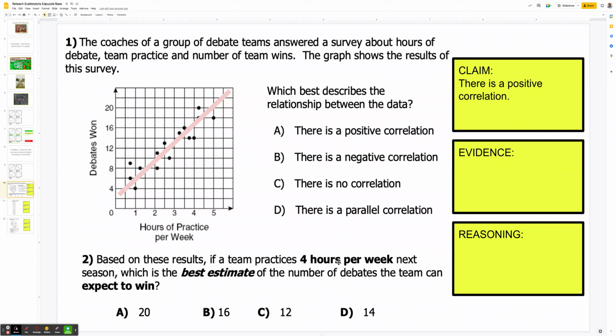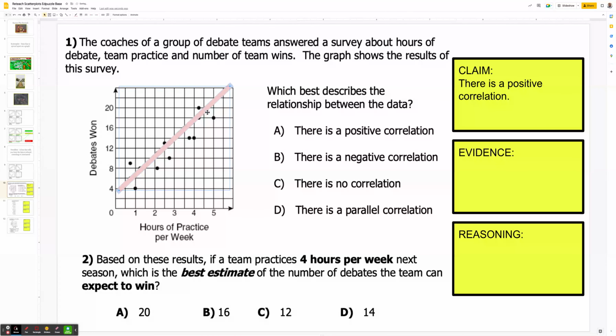So if they practice 4 hours per week, so if I go to 4 hours per week, because it says hours of practice per week is the x-axis, 4 hours per week, that's about how many? 16 debates won. And this is why we draw a trend line. If you thought it was 20, 20 is all the way up here.